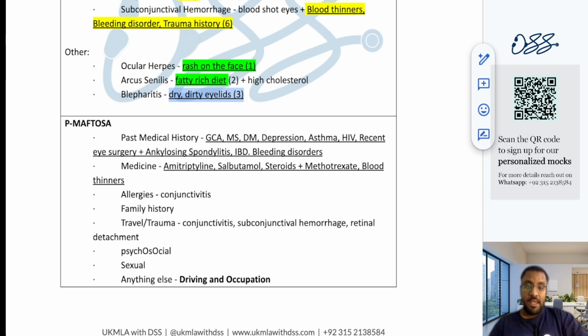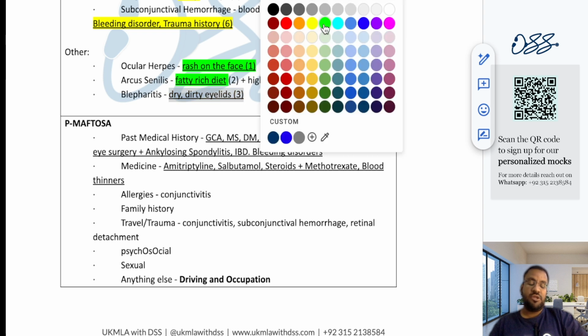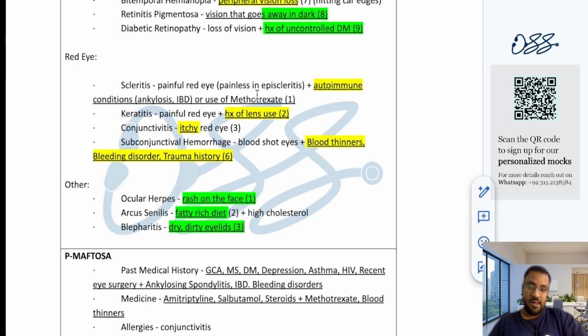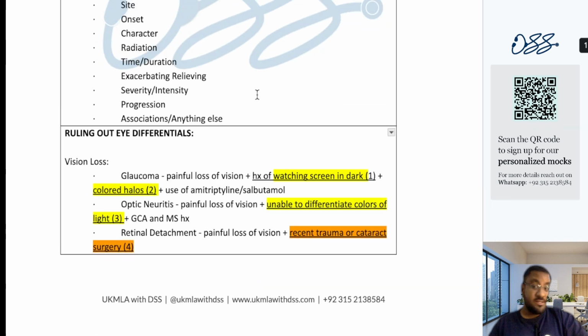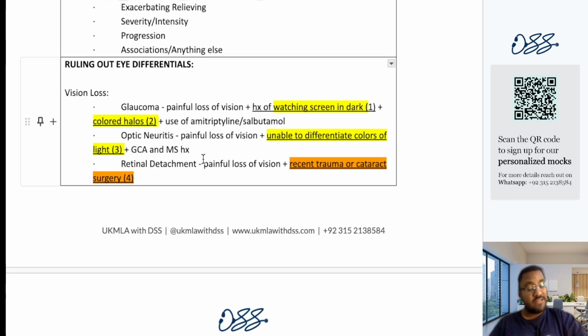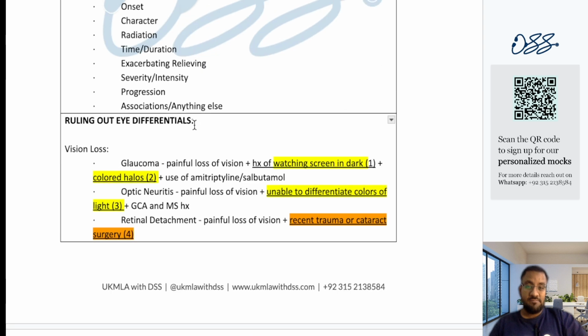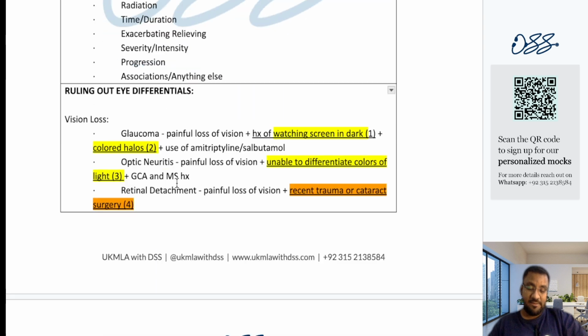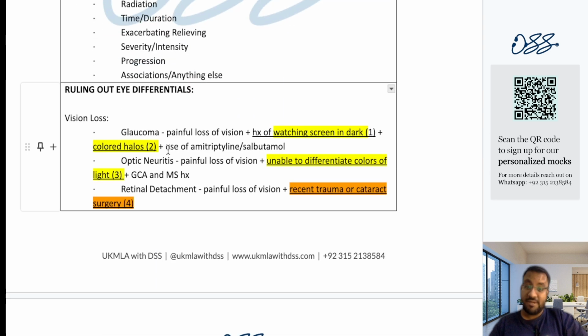So you see, there are numerous differentials of the eye, and when there's a time crunch involved, and you have to examine the patient as well, it gets difficult if you're not very well aware of the differentials and how to rule them out, and what are the questions that you need to ask.